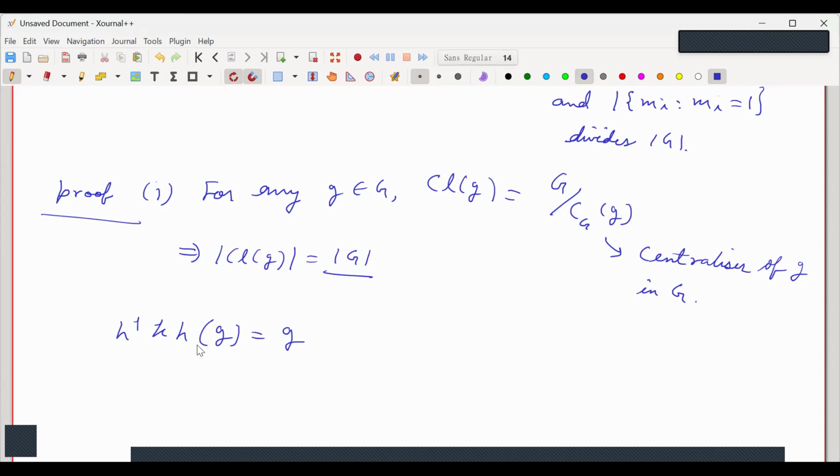So in general, the centralizer of an element may not be a normal subgroup of G.